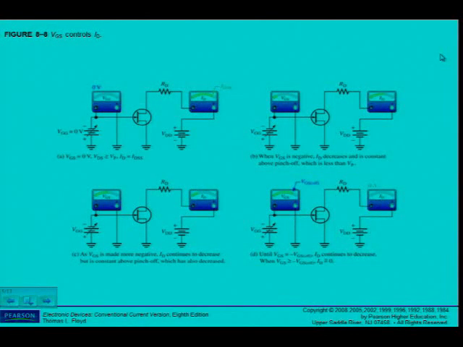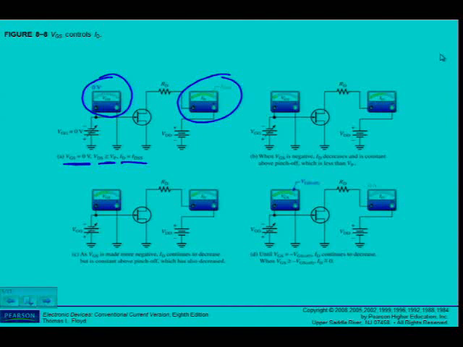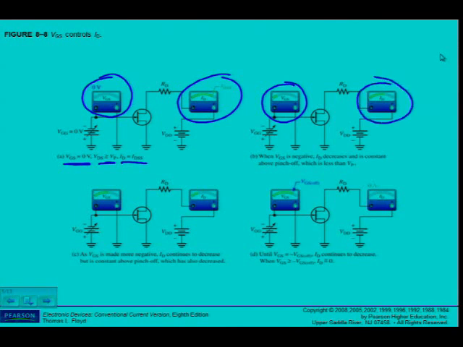Here again, just to make sure, VGS controls ID. When VGS is equal to 0, in other words, no biasing, and VDS is larger or equal to V pinch off, then ID is equal to IDSS. Remember, now the channel is completely open. You can see there, VGS is equal to 0, maximum current flows through this device. Né? Now I start to increase the biasing voltage, VGS, and I can see that the current now becomes smaller because the depletion region starts to grow.